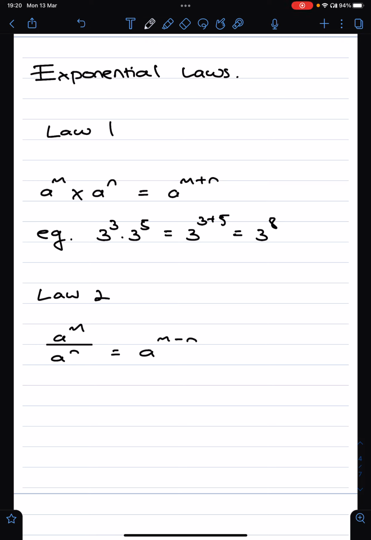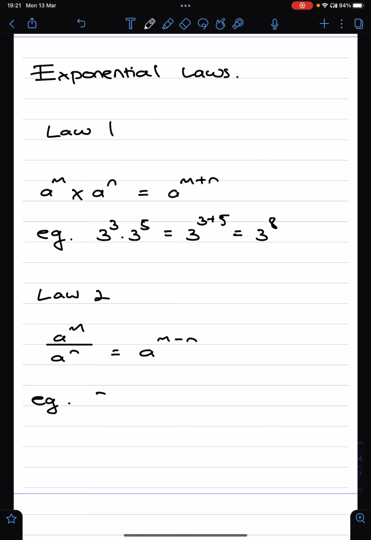So law 2 is almost the opposite of law 1, whereby in law 1 we had a multiplication of the two bases, meaning that there was the addition of the two exponents. In law 2, because we've got a division, it means that the exponents will be subtracted from one another.